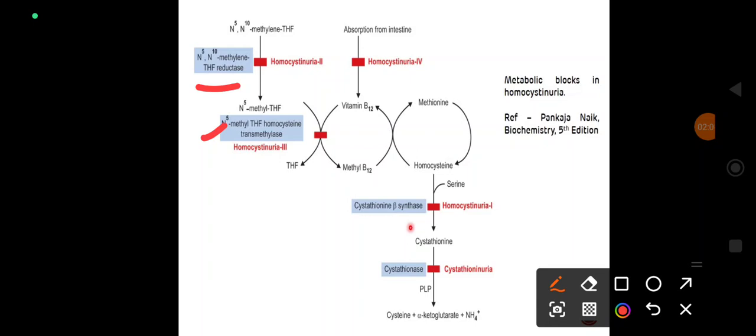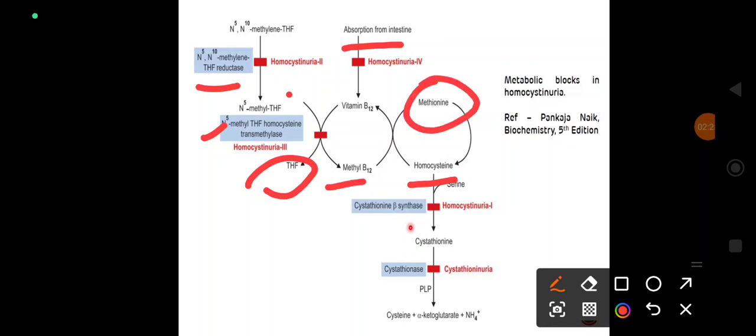This N5 methyl tetrahydrofolic acid along with vitamin B12, which is absorbed from the intestine, releases tetrahydrofolic acid and forms methyl vitamin B12. This methyl vitamin B12 donates methyl group to homocysteine to generate methionine. This is how we get methionine from homocysteine.